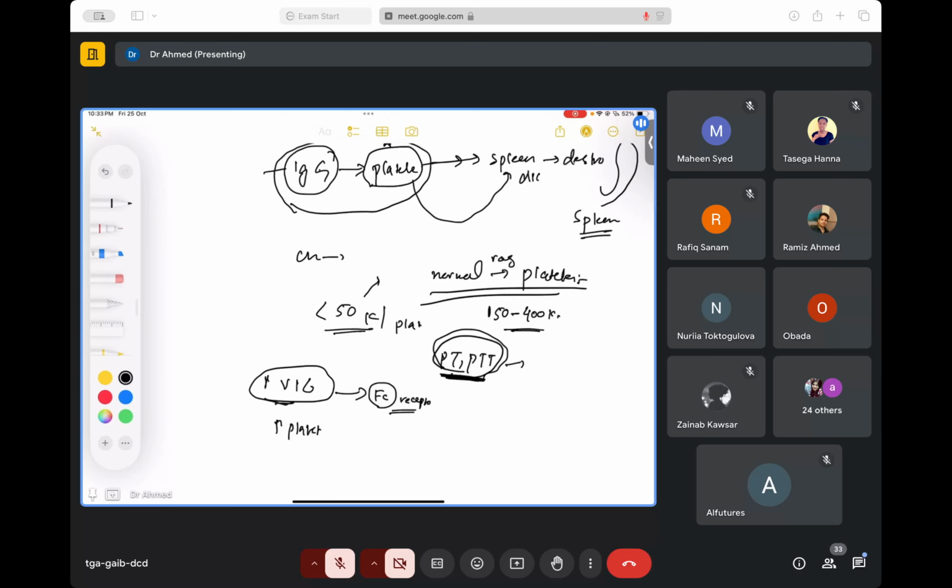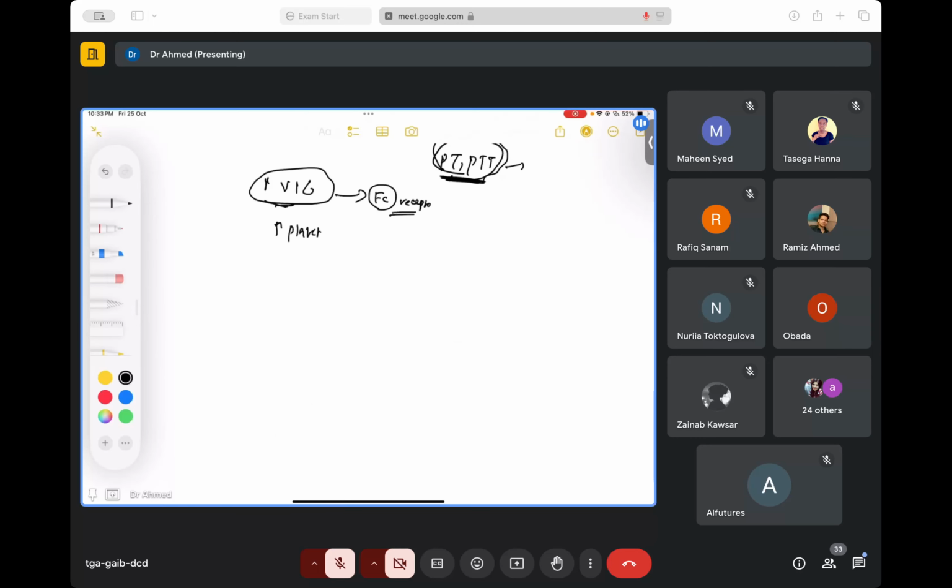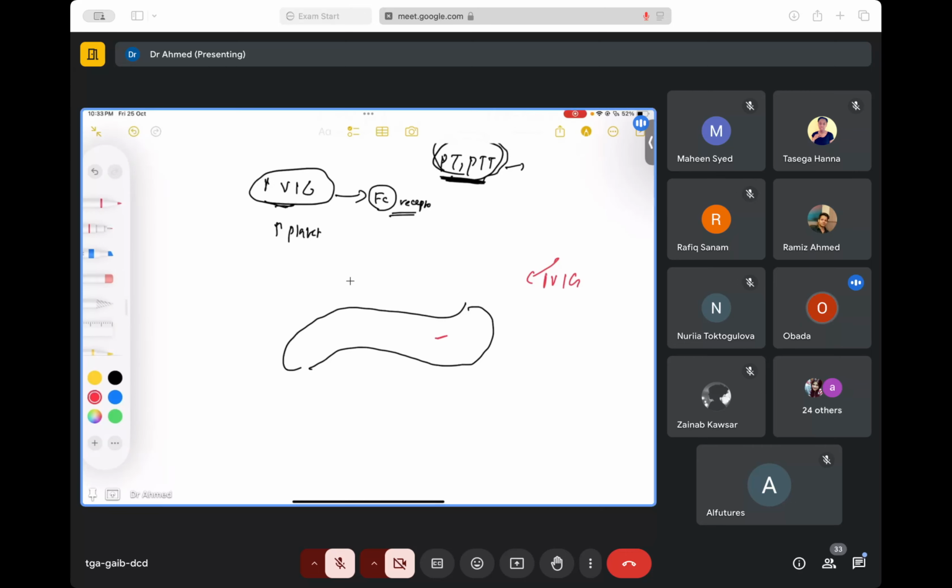The idea is very interesting. For example, this is your spleen. I would just give these individuals IVIG. So what would your spleen do? Your spleen would be distracted. It would leave your IgG-bound platelets and start attacking or eating up the IVIG.